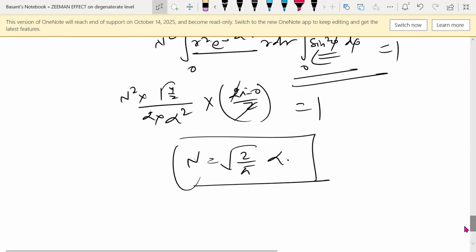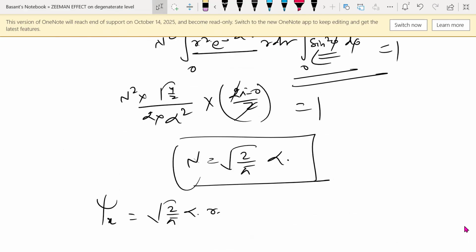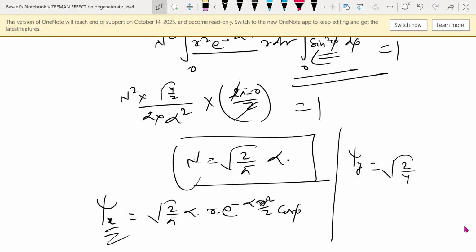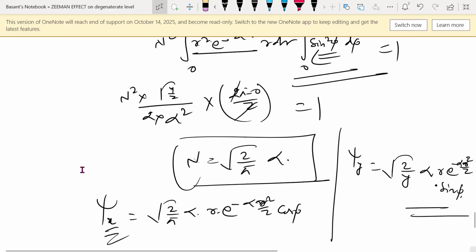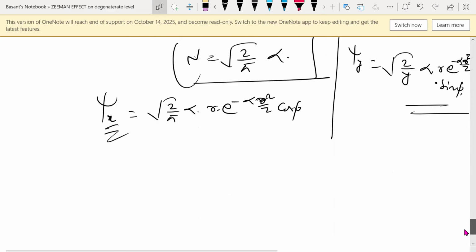This is the normalization. So the normalized function psi x is equal to root under 2 by pi, alpha, into r e to the power minus alpha r square by 2, and for x this is cos phi, and similarly psi y is equal to root under 2 by pi, alpha, into r e to the power minus alpha r square by 2, and here this is sine phi. So we got psi x and psi y, the normalized states.